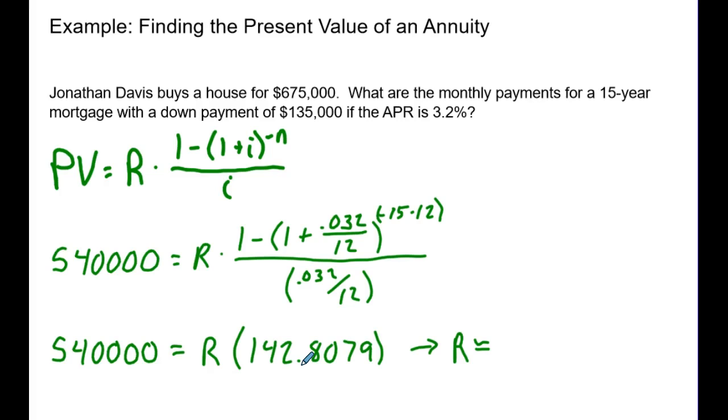It's going to be better if you can just use your calculator wisely and keep that exact value. But if you take the 540,000 divided by this quantity, you're going to get an R value of approximately $3,781.30. So that would be his monthly payment towards that house.